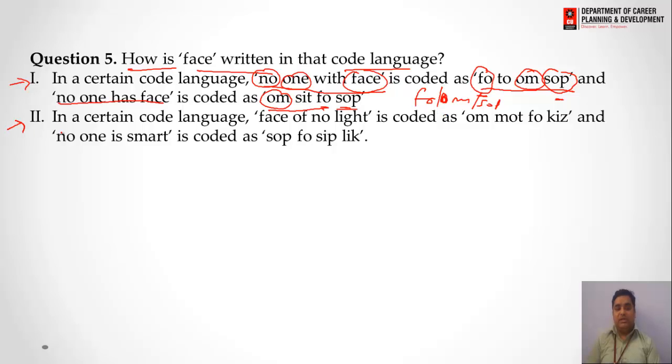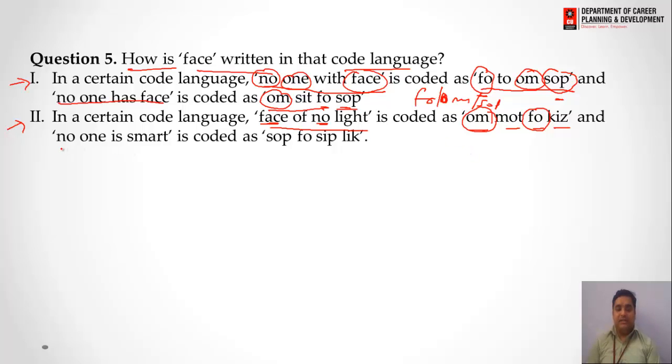Now we need to use the data in the second statement. Face of no light is written as OM, MOT, FO and KIZ. Again the common words are face and no, hence the answer is among OM and FO.